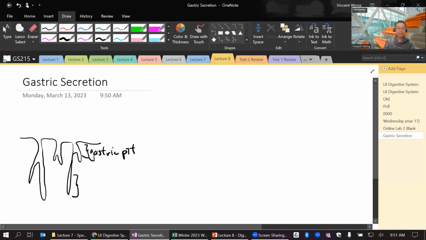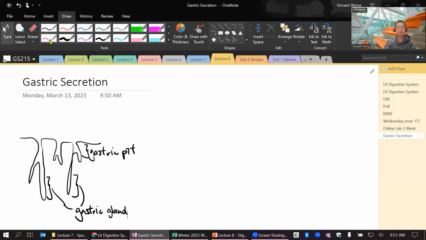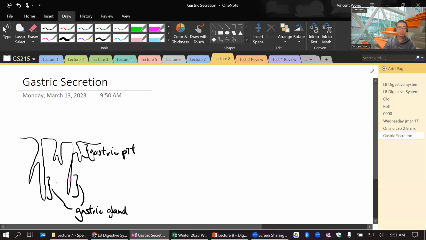At the bottom of the gastric pit we have the gastric gland, and located at the bottom of these glands you would have different cell types, like mucus cells.